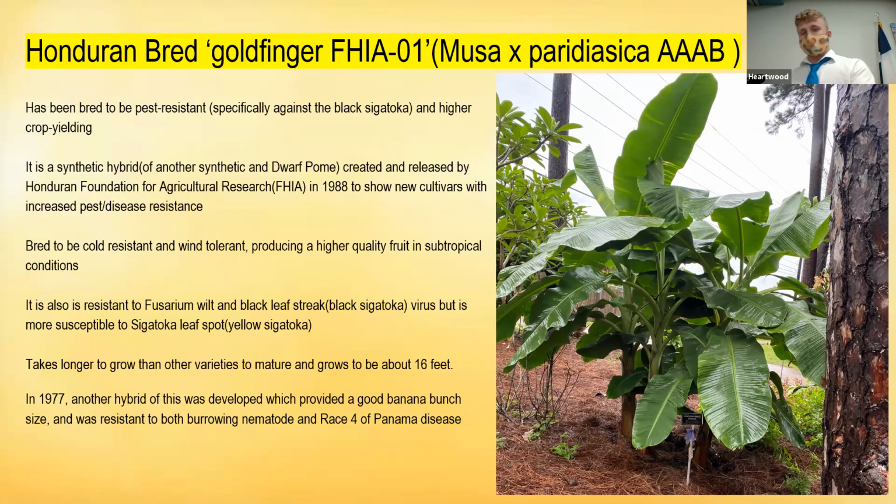You might be wondering what FHIA means. That is the Honduran Foundation for Agricultural Research. It's a non-profit research organization that tries to develop more disease-resistant and stronger breeds of banana, along with other plants.